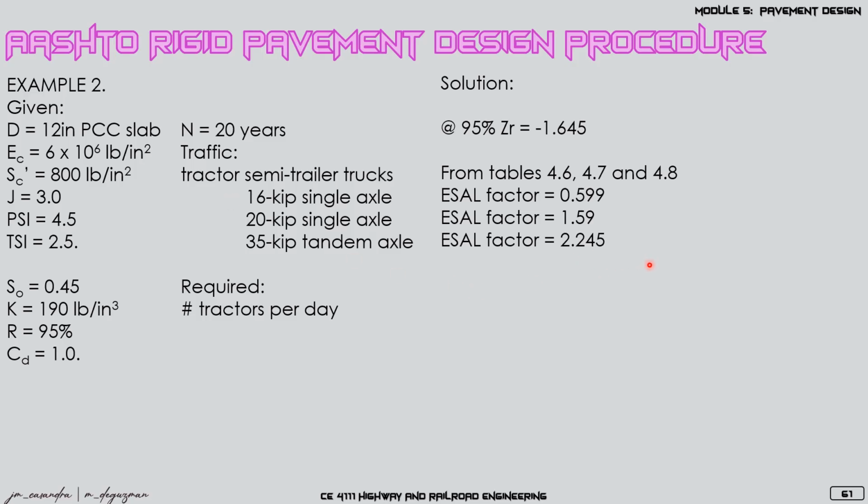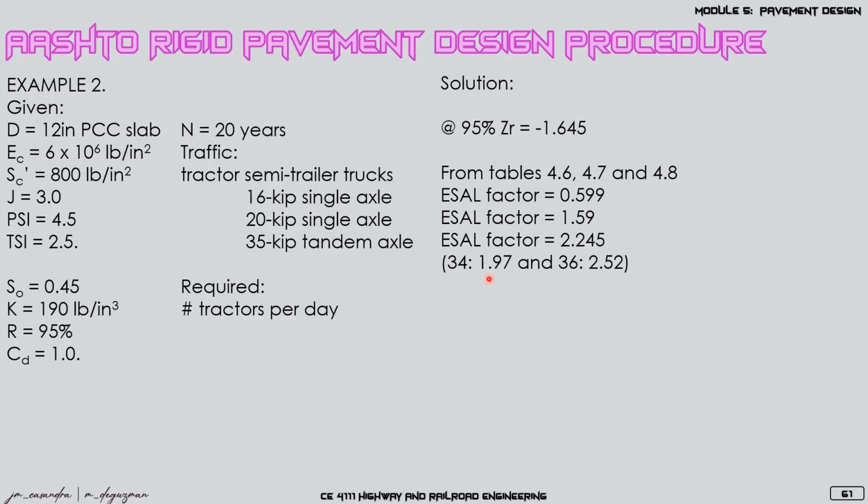Take note that in table 4.7, we only have factors for 34 and 36. There is no factor for 35. So what we have to do is to interpolate the value between the factors under 34 and the factor under 36. So these factors are under the 12-inch thickness.